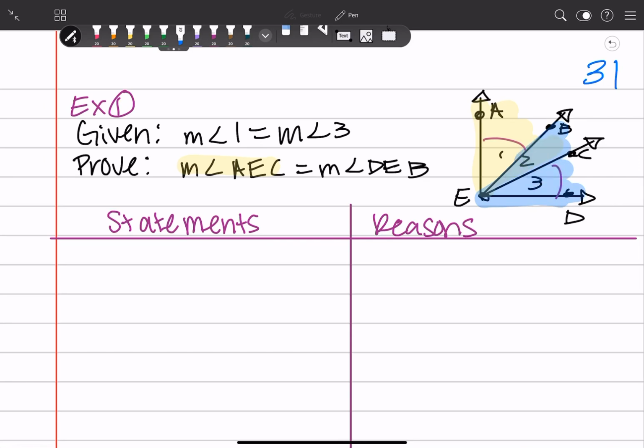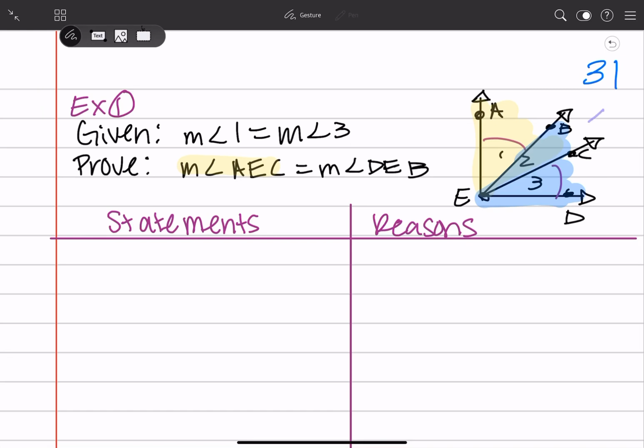All right. Well, you'll notice in our highlights right here that angle 1 and angle 3 are the exact same. But angle 2 right here, that's the one that they share. And we need to prove that angle 2 is congruent no matter what. So let's start off with what we've got.